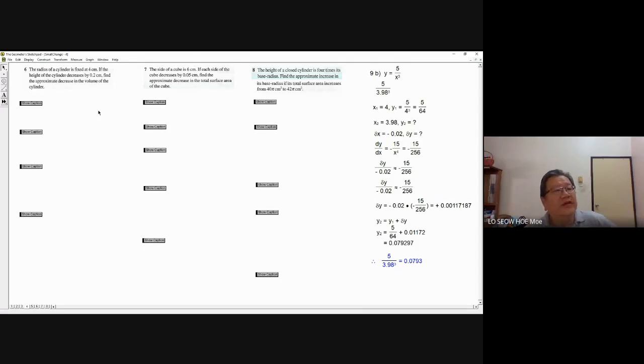First part, identify the variables: volume V and height H. Volume equals pi r square H, but R is fixed, so you don't differentiate R. How much is R? They say 4 cm. I substitute 4 into this equation, it becomes 16. So finally, the volume equals 16 pi H.